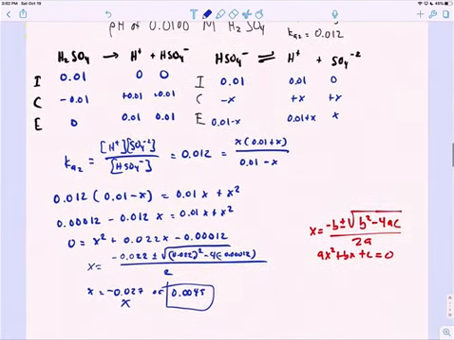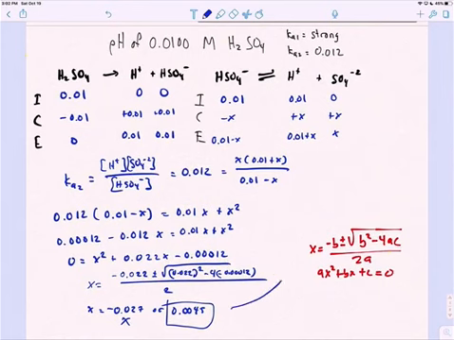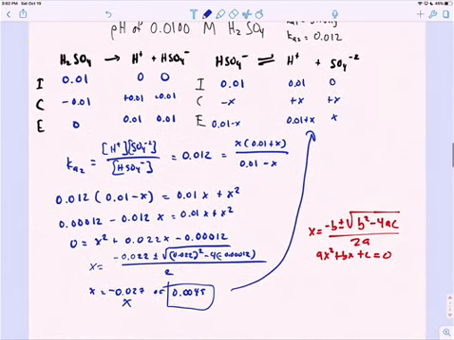And we can then apply that back into here, where our hydrogen ion concentration is 0.01 plus 0.0045, which is 0.0145 molar.